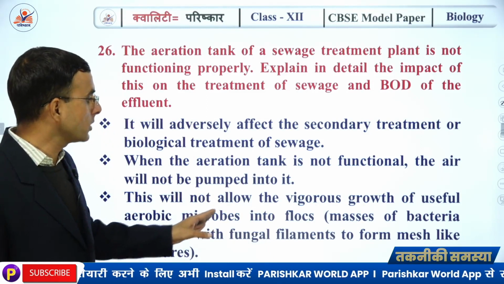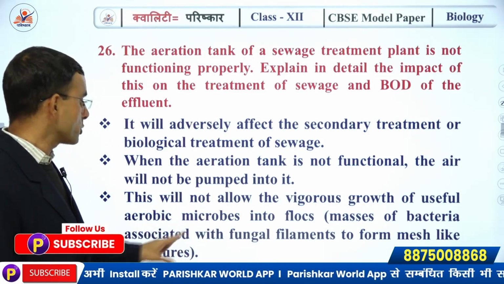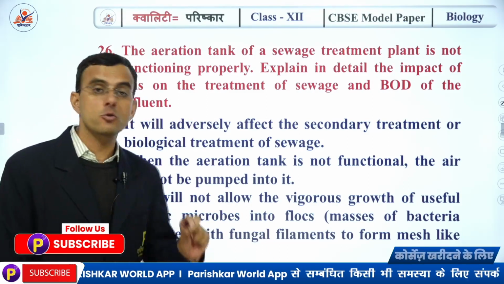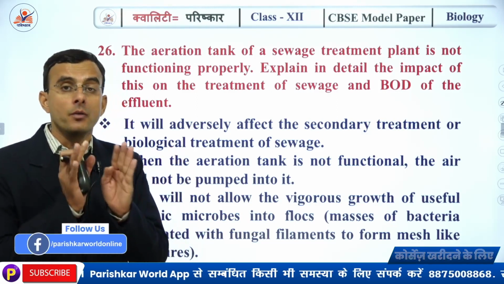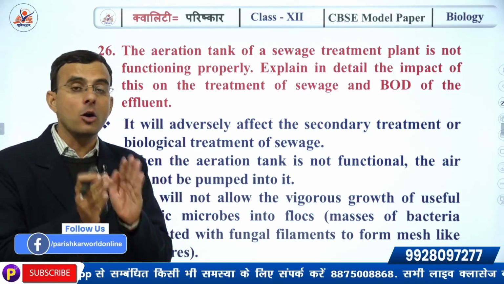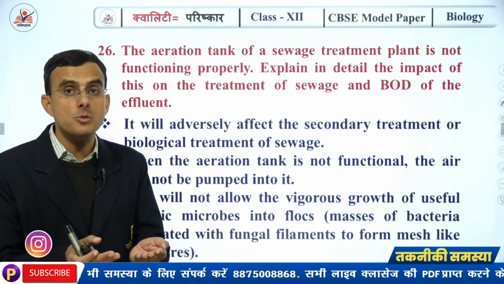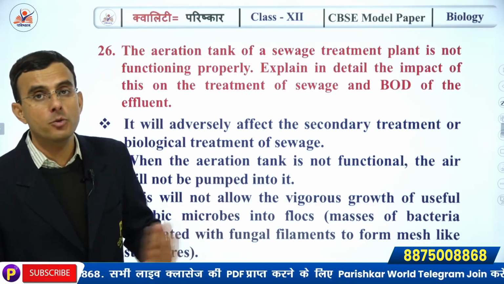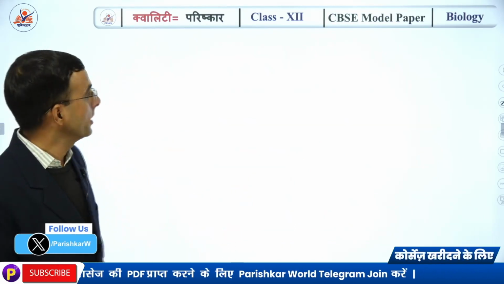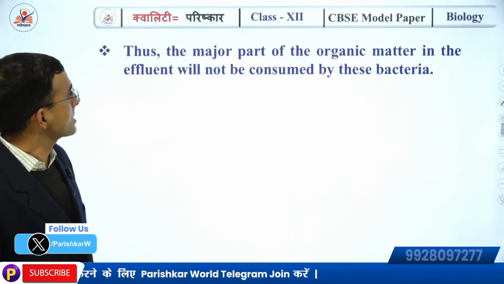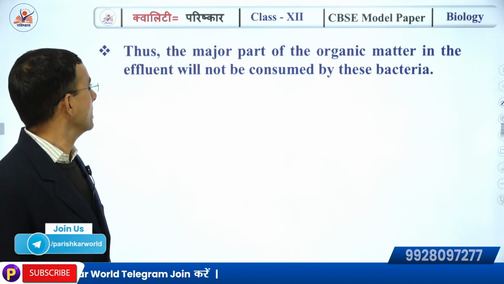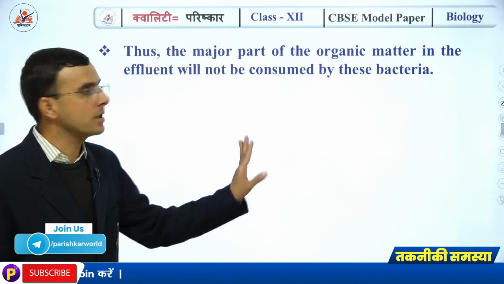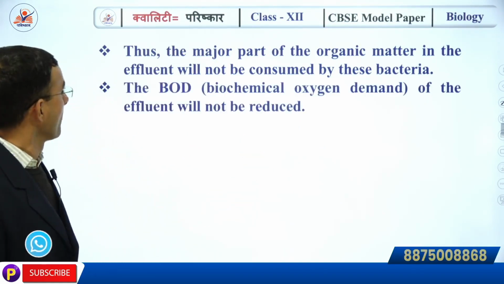This will not allow the vigorous growth of useful aerobic microbes into flocs. That means these microbes are not able to grow with that much speed, and when they are not able to grow at that speed, they are not able to degrade the organic matter. So look, the major part of the organic matter in the effluent will not be consumed by these bacteria.